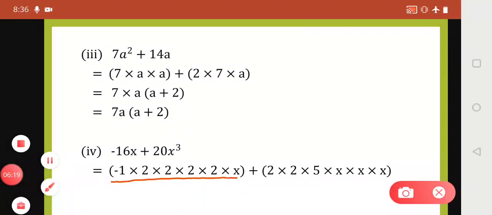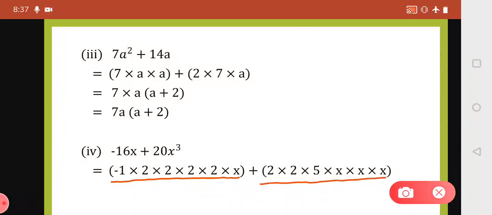Yes, these are the factors of minus 16x: minus 1, and 16 is 4 times 2, so we'll write 2 into 2 into 2 into 2 and x as it is, plus sign in between, and then we'll make the factors of 20x cube. Now 20 we know is 4 5s, further factorizing we get 2 into 2 into 5, and x cube, that is 3 times x, so the factors of 20x cube are 2 into 2 into 5 into x into x into x.